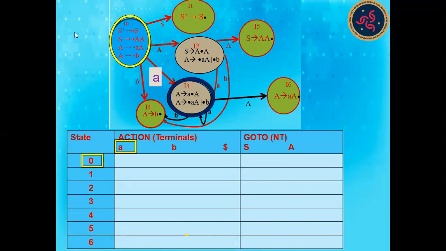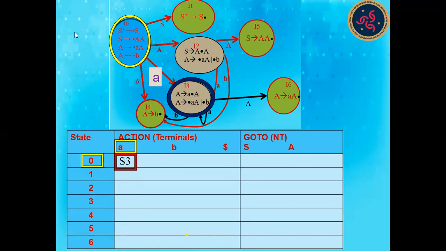So we can mark an entry S3, that is a shift 3. 3 represents this state number. Shift 3 at this position. So now we have our first entry in our table.